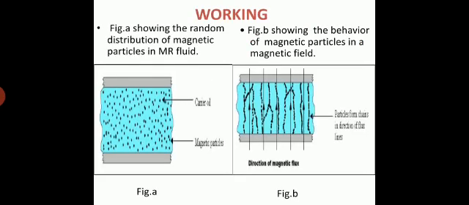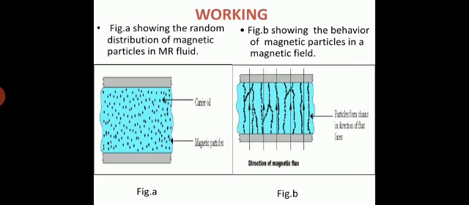Working. Figure A shows the random distribution of magnetic particles in the magnetorheological fluid in the absence of a magnetic field. As shown in figure B, when the magnetic field is applied, this magnetorheological fluid changes its properties, transforms from thick liquid to the solid along the line of magnetic flux.